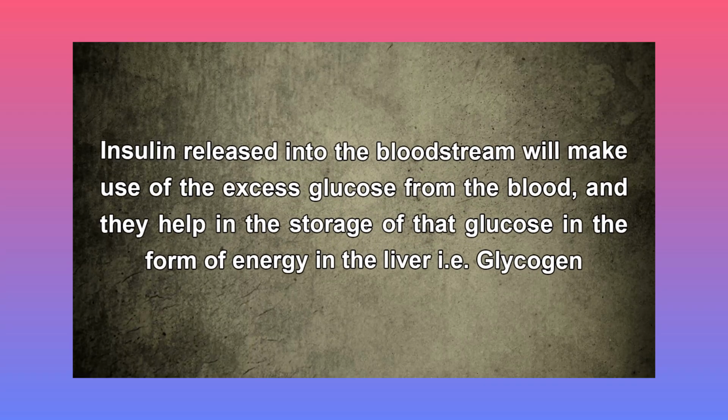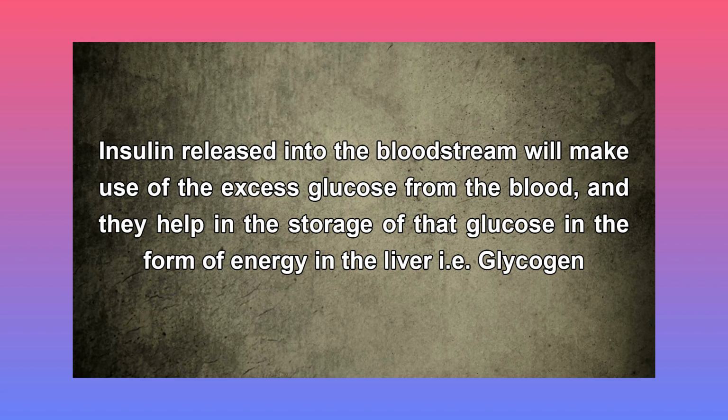Intake of food will automatically increase blood glucose levels. The insulin will play a role in that situation. Insulin released into the bloodstream will make use of the excess glucose from the blood, and that will help in the storage of that glucose in the form of energy in the liver, that is glycogen. It helps during low blood glucose levels.